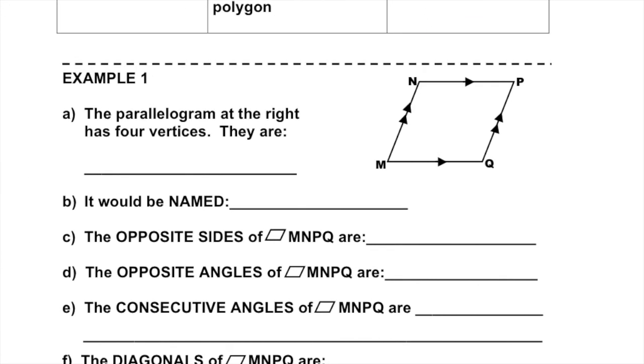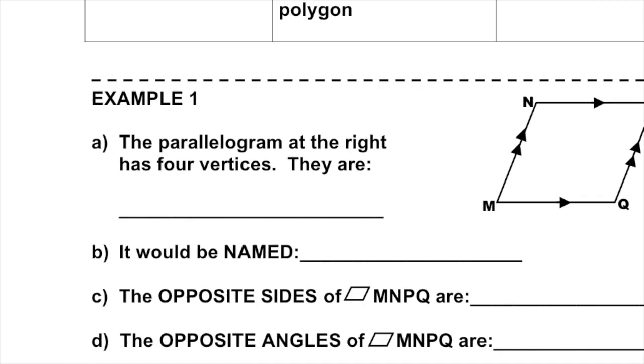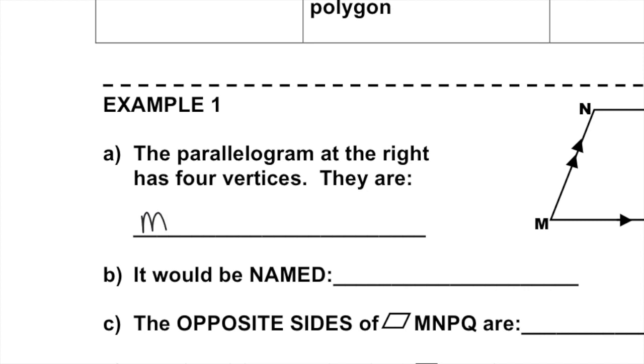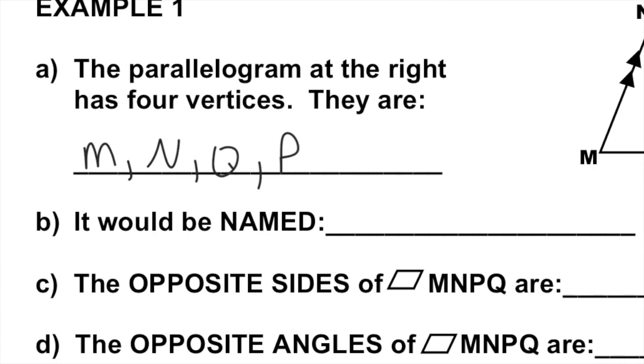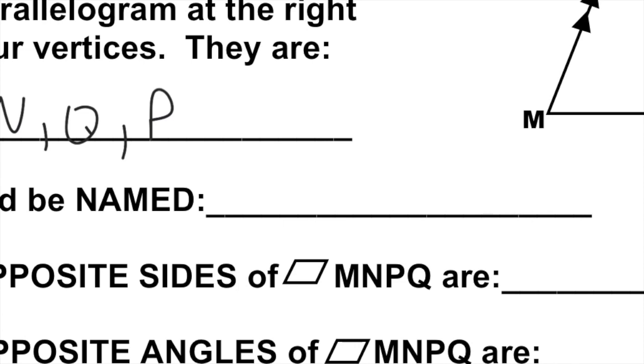So example one, it says the parallelogram at the right has four vertices. What are they? Well, that's pretty easy. I've got M, N, Q, and P. So the vertices are just where the sides meet. How would we name this? Now, we kind of did this with triangles, but since it's a quadrilateral, we just draw a little quadrilateral in front of it, and then you start anywhere and go in order.